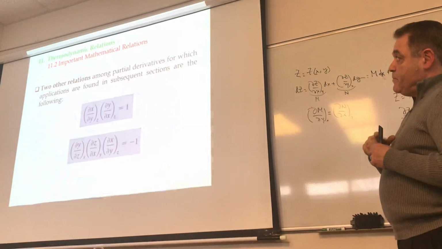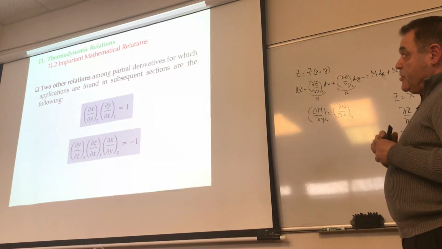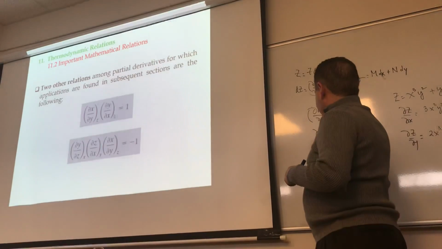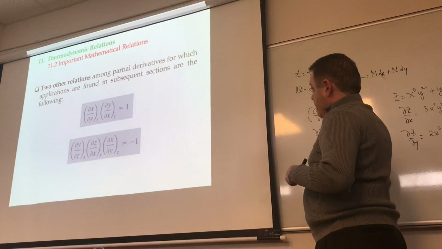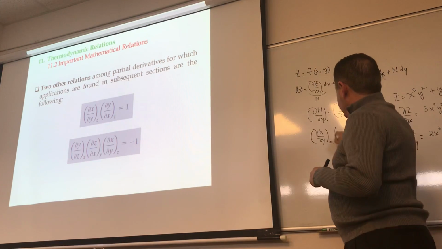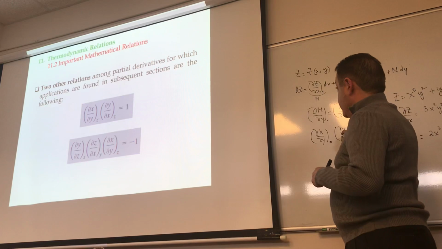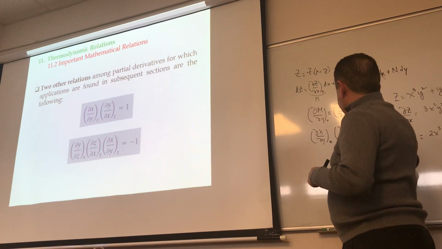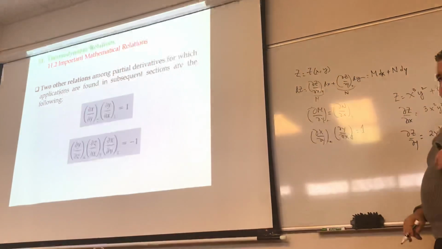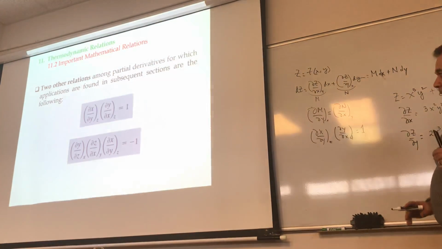Two other relationships among partial derivatives, for which applications are found in subsequent questions: the derivative of x with respect to y at z constant, times the derivative of y with respect to z at x constant, is equal to 1. It's almost like the reciprocal, you know, almost can cancel out.